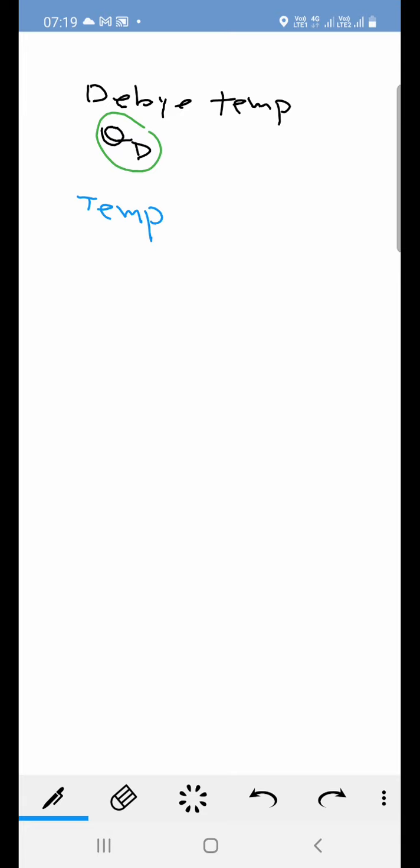Now, the Debye temperature theta d. This temperature can be called the temperature of the crystal's highest normal mode of vibration.